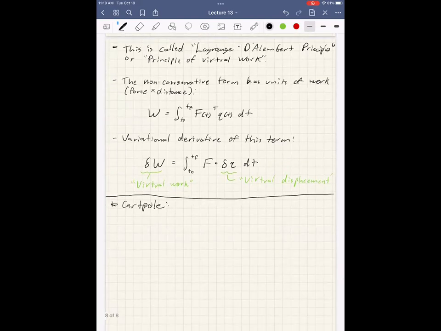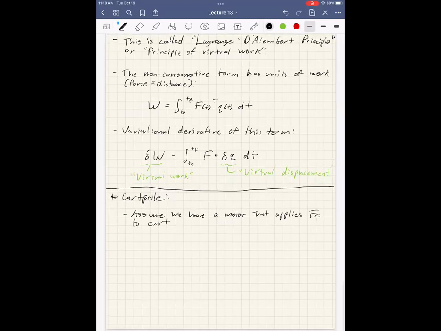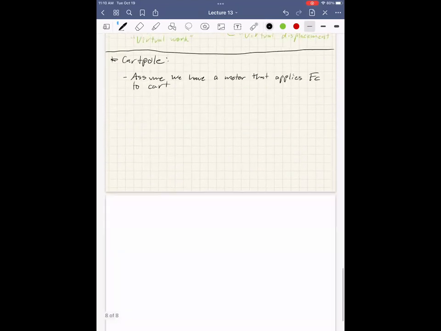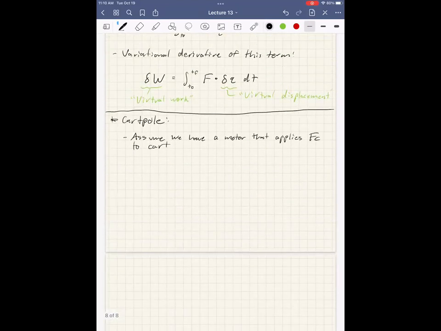So let's assume we have a motor on the cart. That's bad notation overloading. So let's put that with a lowercase then.